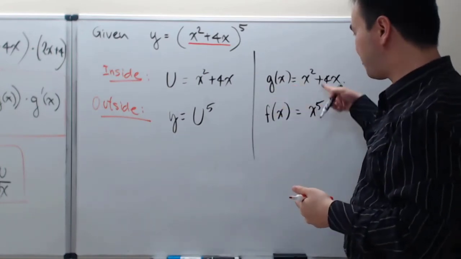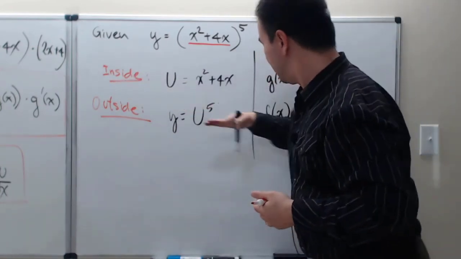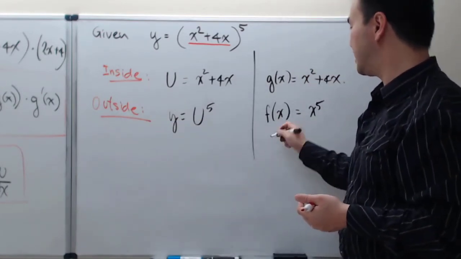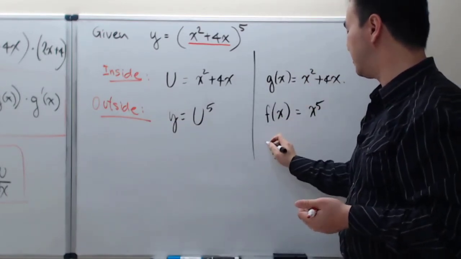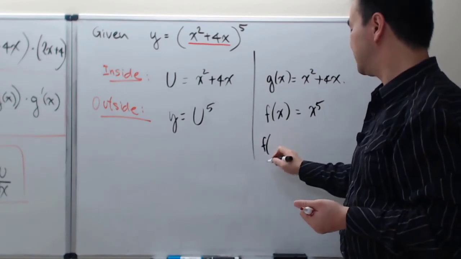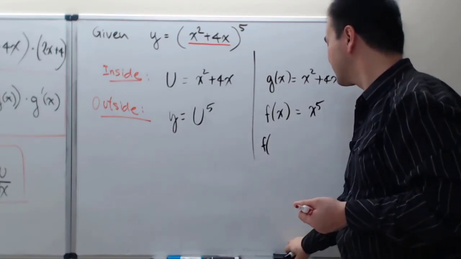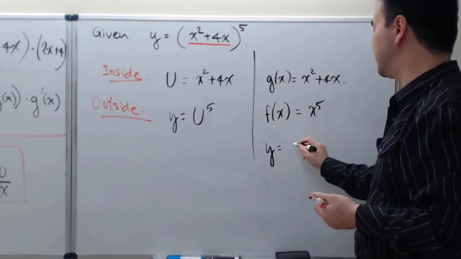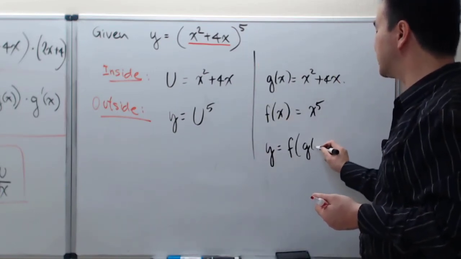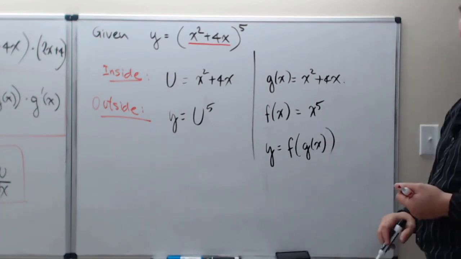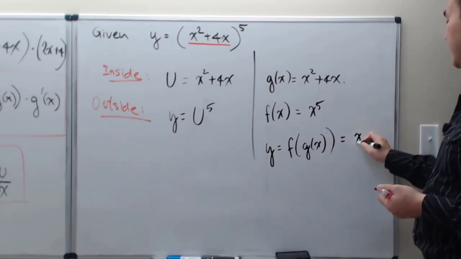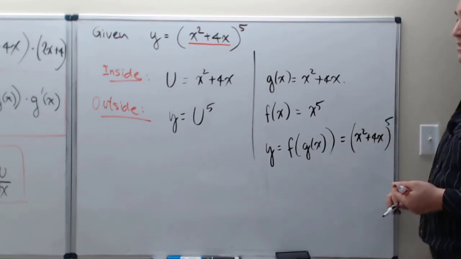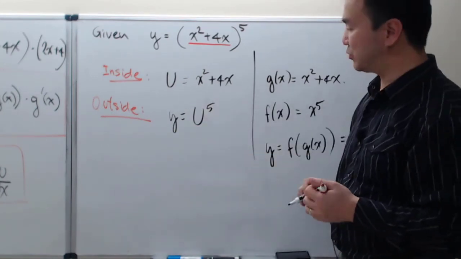In this way of breaking it down inside and outside, the entire variable y that we're looking at is the function f, taking g inside of that. That's how we ended up with x squared plus 4x to the fifth, and here we don't need the extra steps.